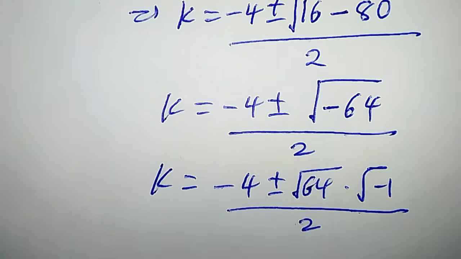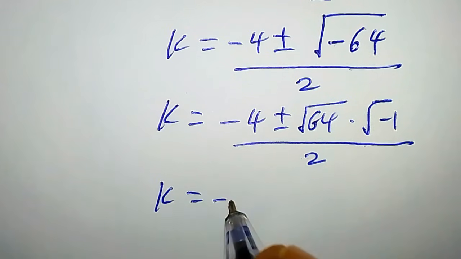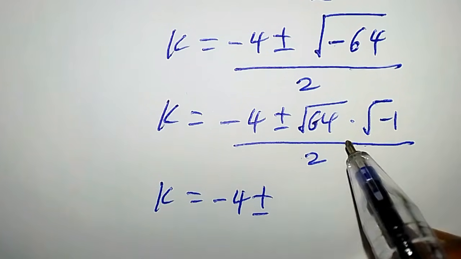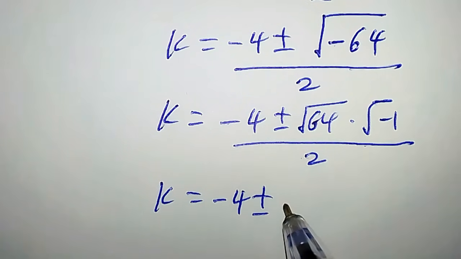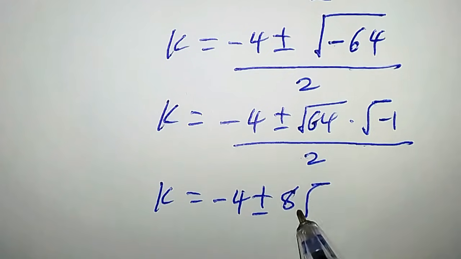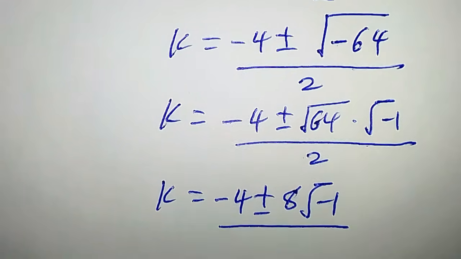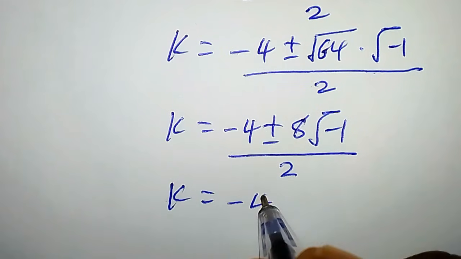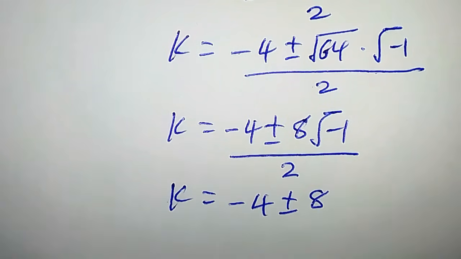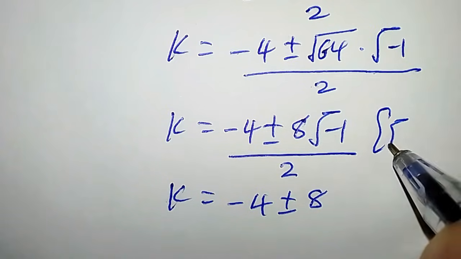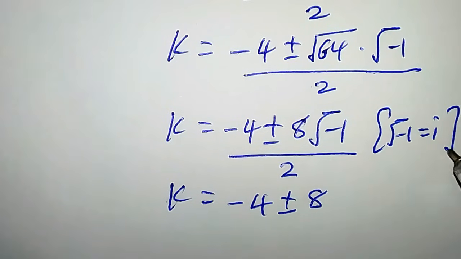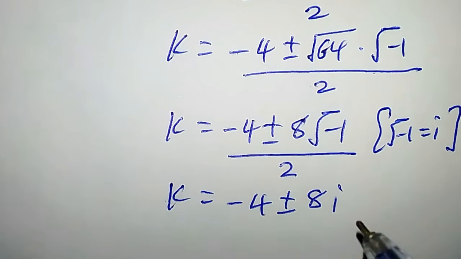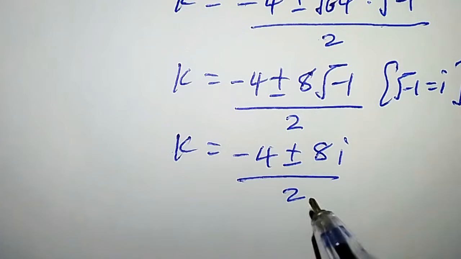What is square root of 64? That is simply 8. So K is equal to minus 4 plus or minus 8 times square root of negative 1, divided by 2. Don't forget, square root of minus 1 is I from the complex numbers.